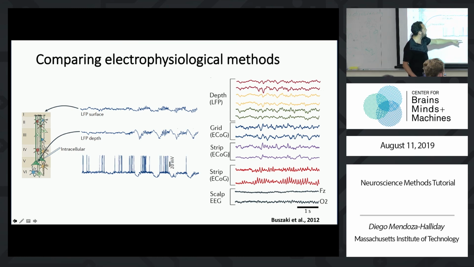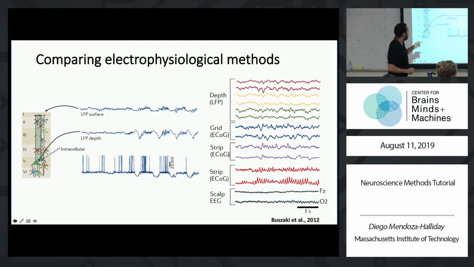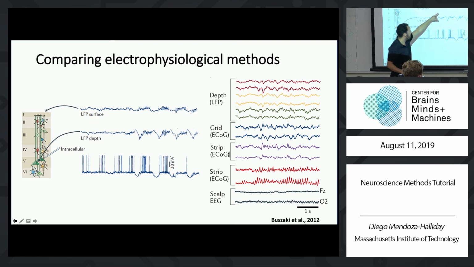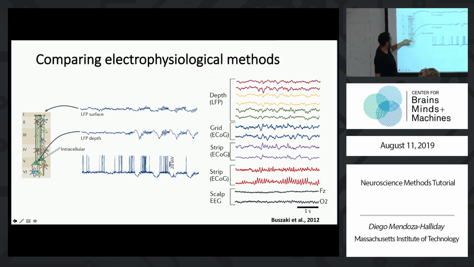And so what they see is that obviously the first thing that you lose from the LFP is the spikes, but you still see those field potentials fluctuating in a very correlated fashion. And mainly you see a loss in the amplitude of the signal and some blurring of the signal, because obviously here you're capturing the local field potentials not only from this region, but from this one and this one and this one, and those may differ a little bit. So you lose a little bit of that resolution, but there is some correspondence.